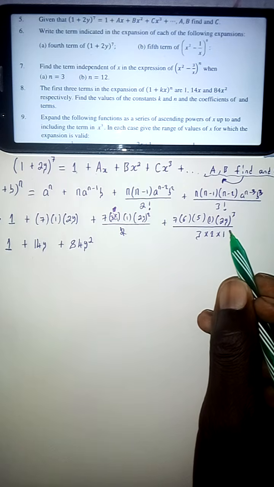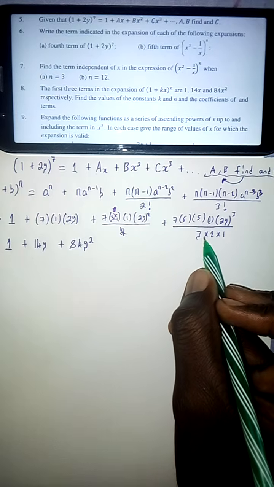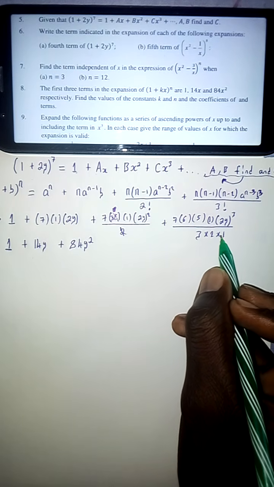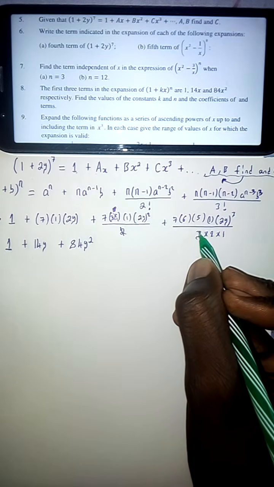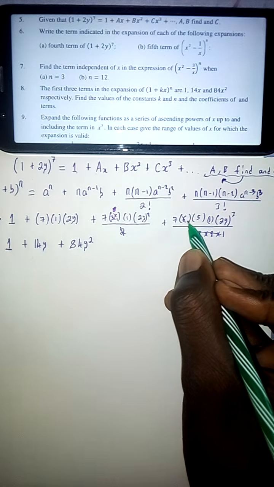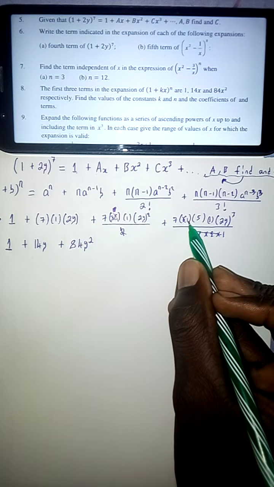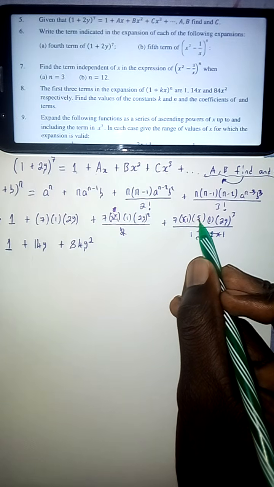So for this part now, what can we do here? 3 multiplied by 2, that's 6. Multiplied by 1, 6. So here we've got 6, and here we've got 6. So 6 into 6, 1. So 7 multiplied by 1, that's 7. 7 multiplied by 5, that's 35.